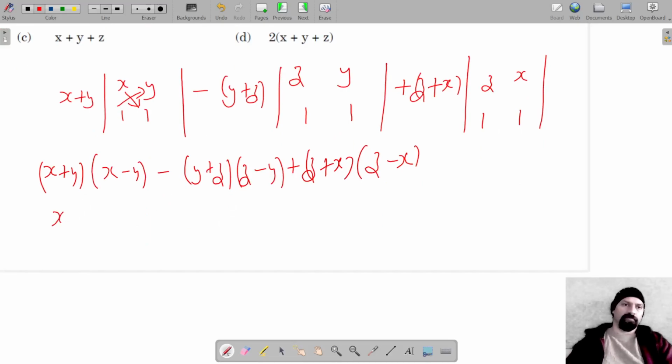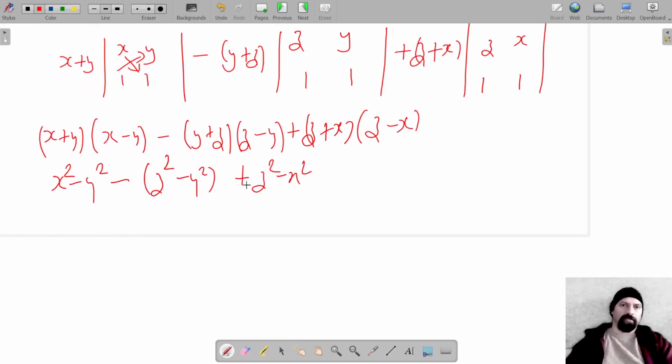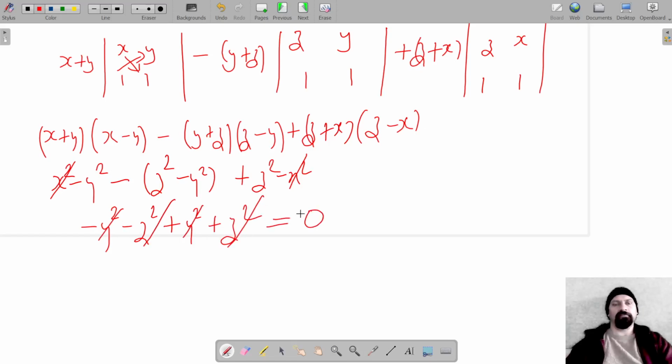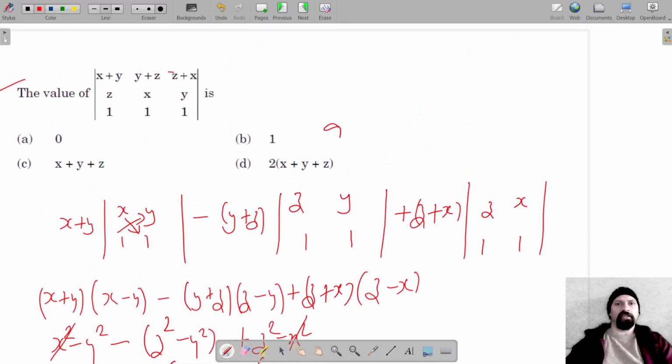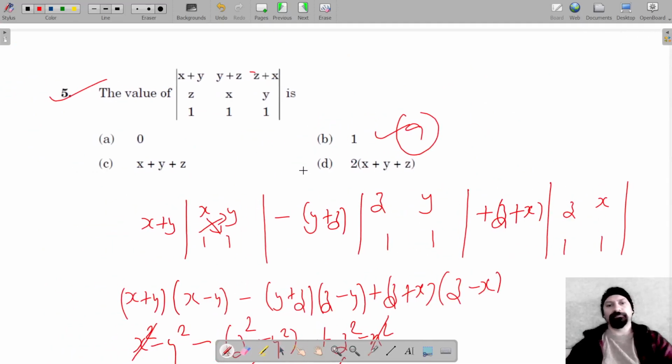This becomes x squared minus y squared, and this is z squared minus y squared, this is a squared minus b squared, and this is also a squared minus b squared. So this gets cancelled, and if I open up the bracket, we are left with minus z squared plus y squared plus z squared. This gets cancelled, this gets cancelled, and the answer is 0. So 0 means that A is the correct answer for this.